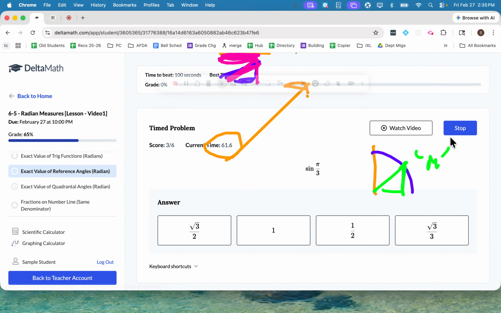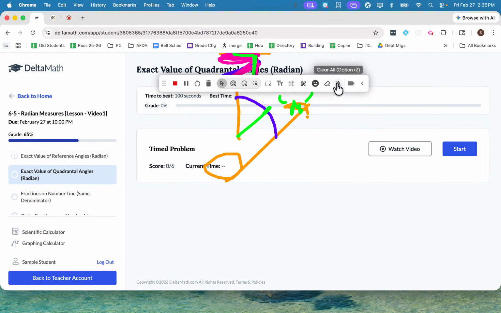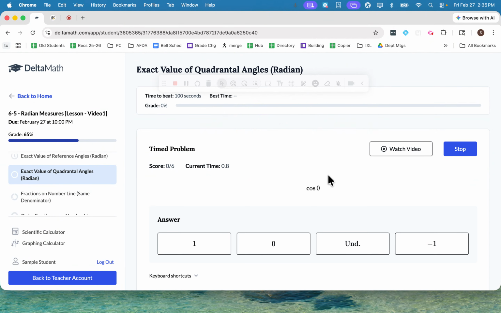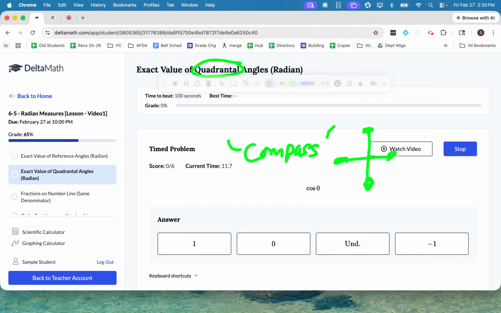Quadrantal. I think before I called these the compass angles, which are these 4.